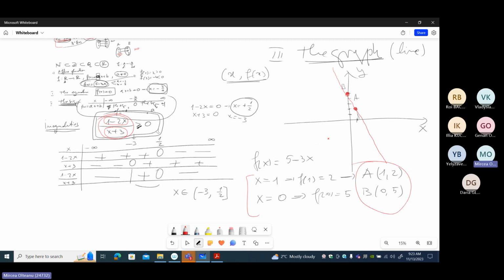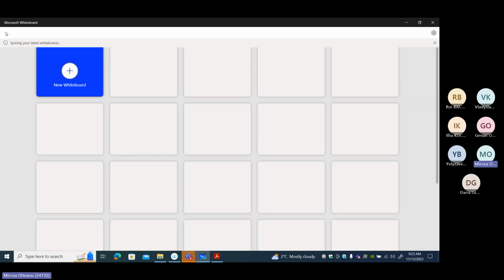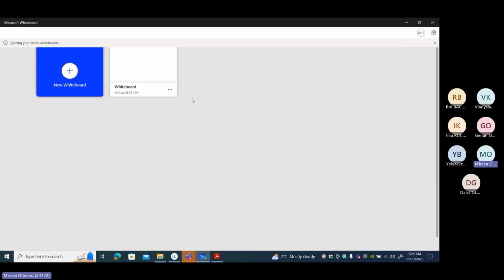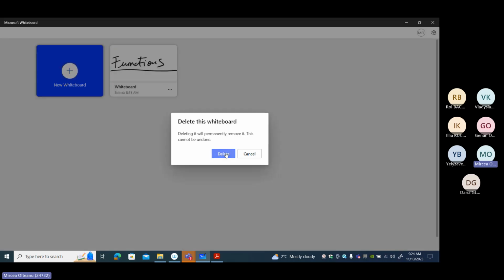Okay, this is the affine function. I think it's very clear. We have no problem. It's very simple, but these facts will be used again and again. Now let's move to our second function, the so-called quadratic function. Tell me if you have any question.